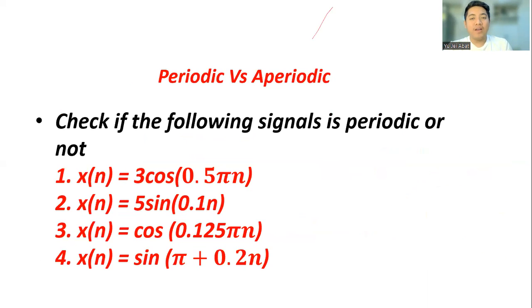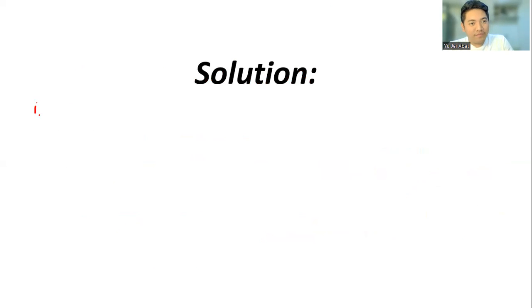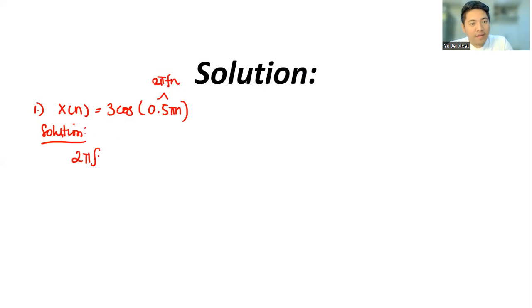Check if the following signals are aperiodic or not. Let us start with the first one: x of n equals 3 cosine of 0.5 pi n. The first thing in testing whether this is periodic is our concern with the 2 pi f n. We simply equate 2 pi f n with the value we have here to get the frequency.